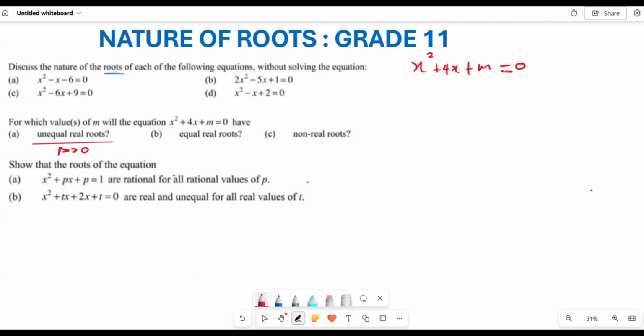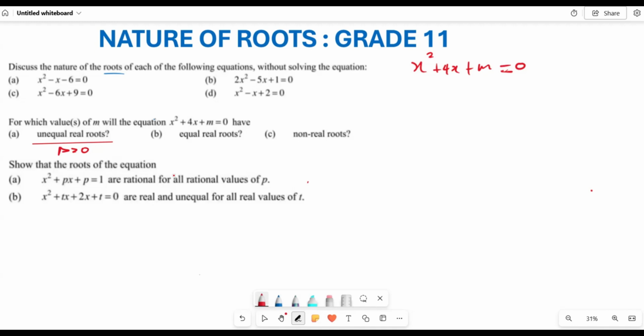So now we are not asking you to define whether the roots are going to be real or non-real, equal or unequal. We are already giving you a statement. Now we want you to solve for the values of m if your roots are unequal.